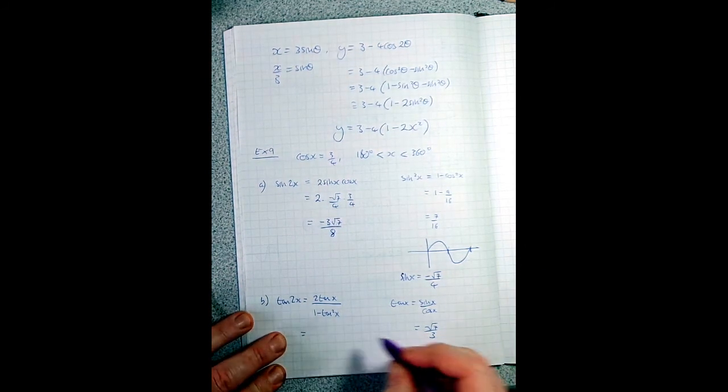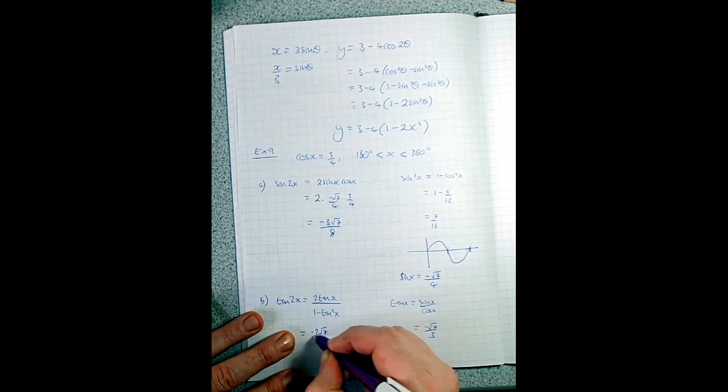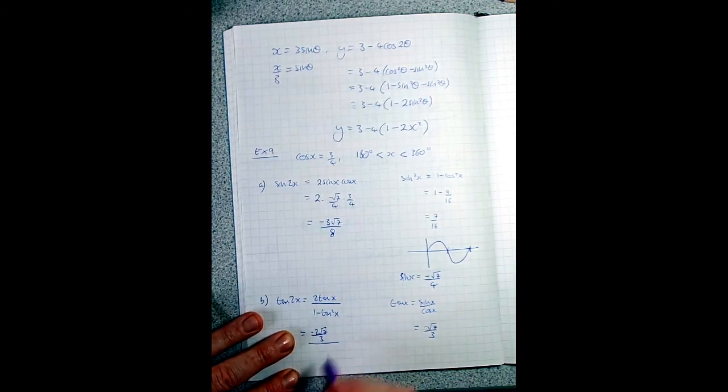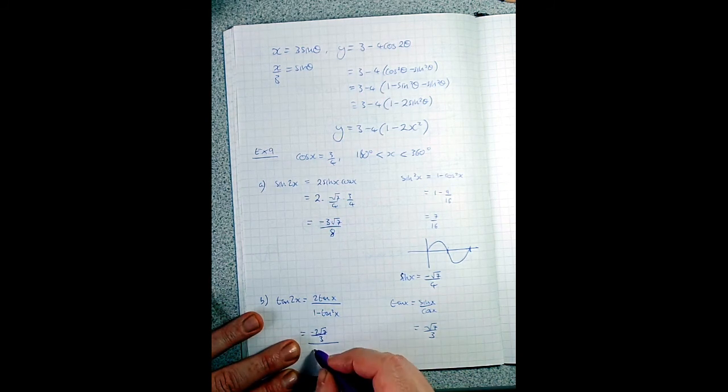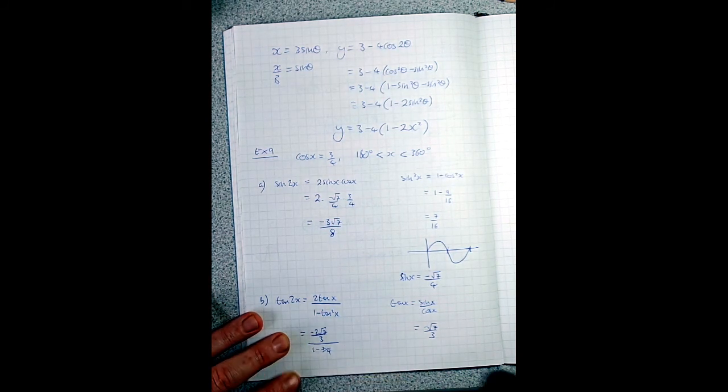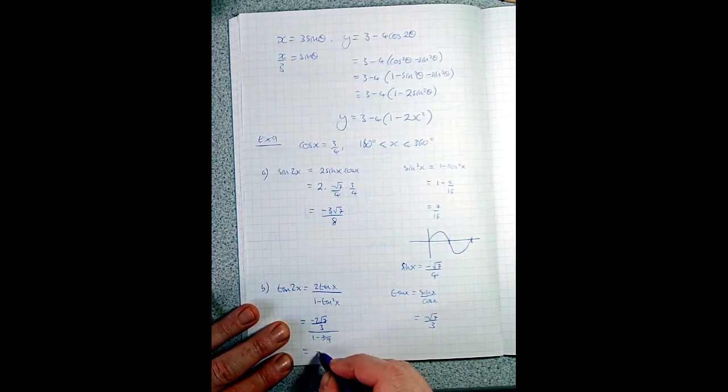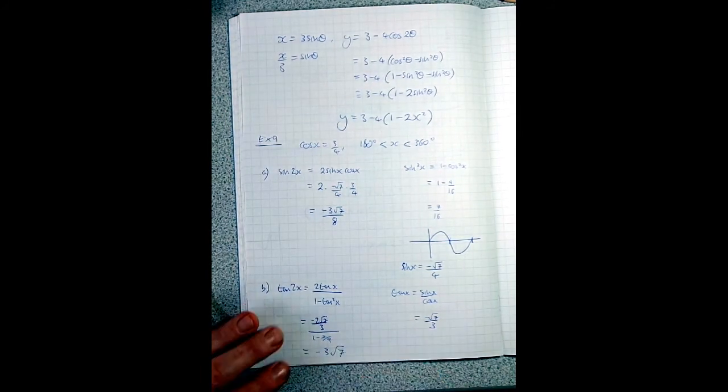So I've got two lots of minus root 7 over 3 over 1 minus 7 over 9. Minus 3 root 7.